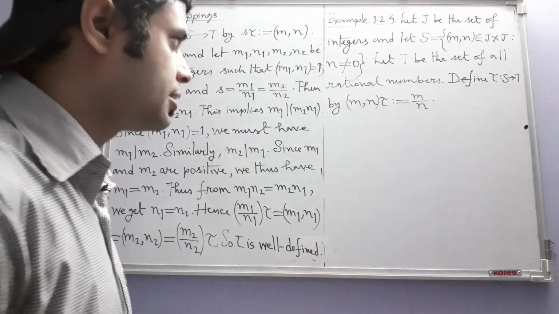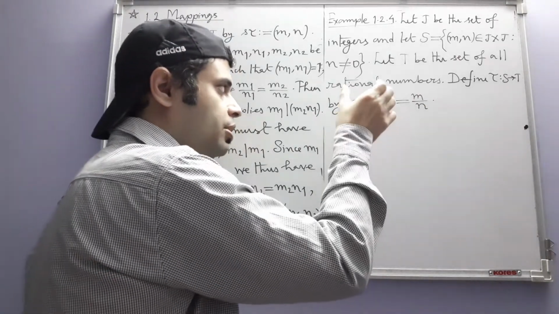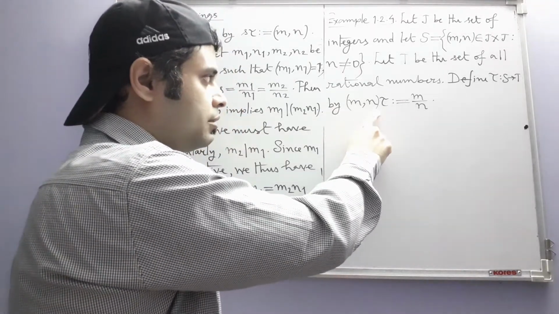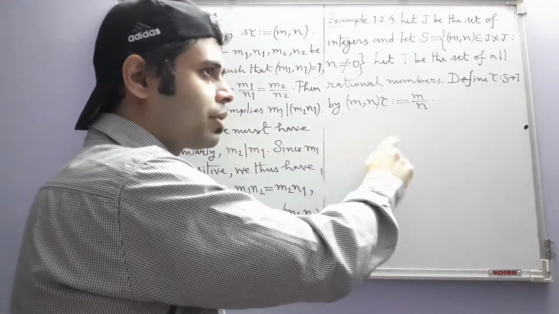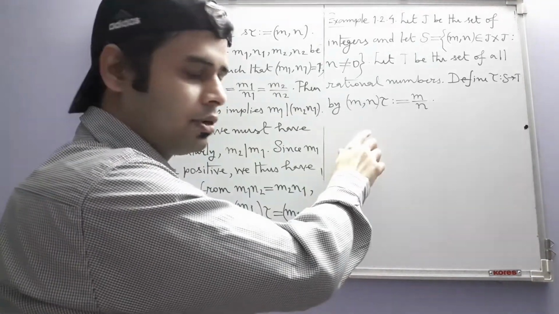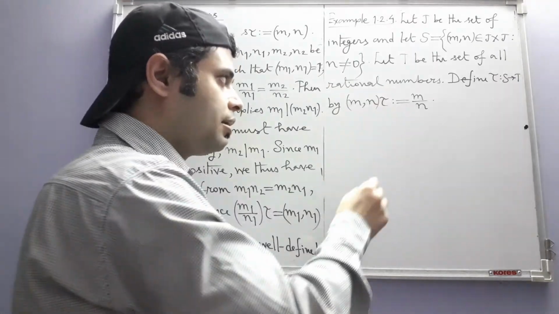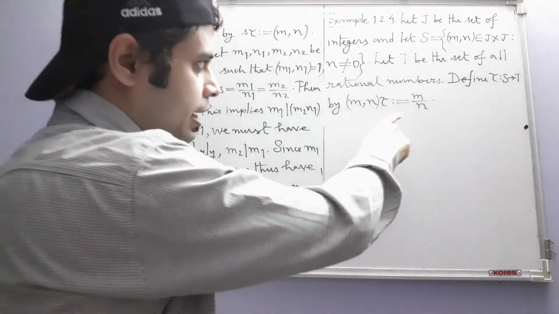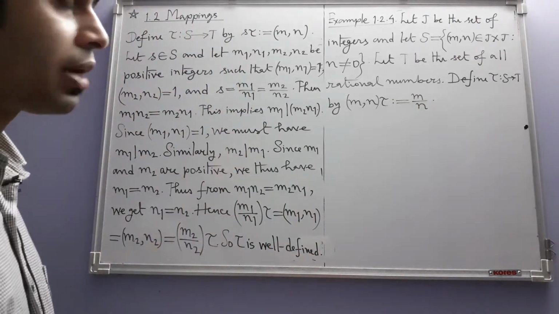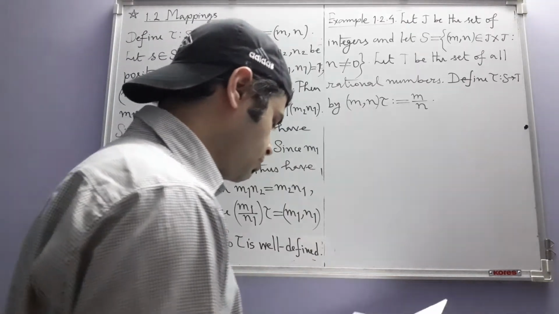And note that an ordered pair like this has only one representation: m comma n is not equal to some m prime comma n prime unless m is equal to m prime and n is equal to n prime. So for this ordered pair, m and n are unique, and as a result m by n is also unique. That means our function is well defined. So this is another function or mapping.